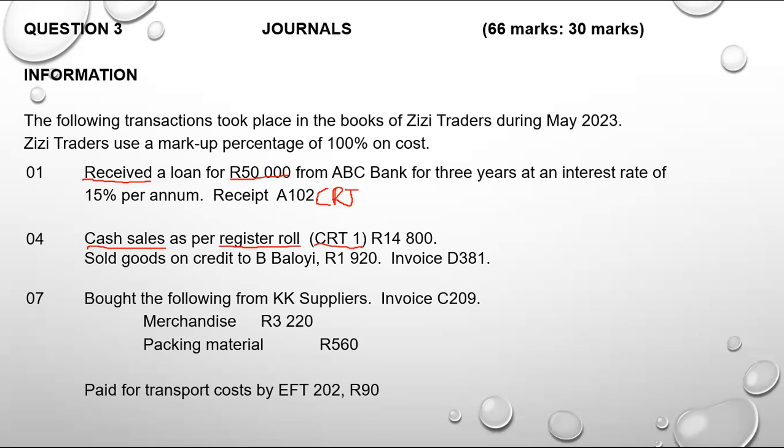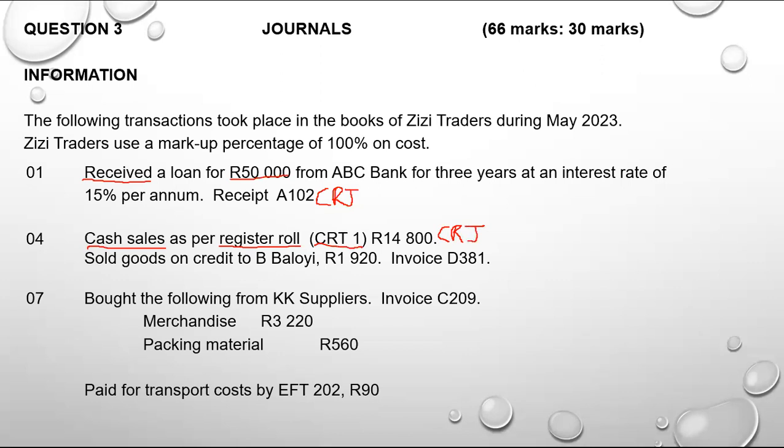A register roll, we only use it when we sell goods for cash. And when we sell goods for cash, it means we are receiving money. So that 14,800 will be recorded in the CRJ because we are receiving money.